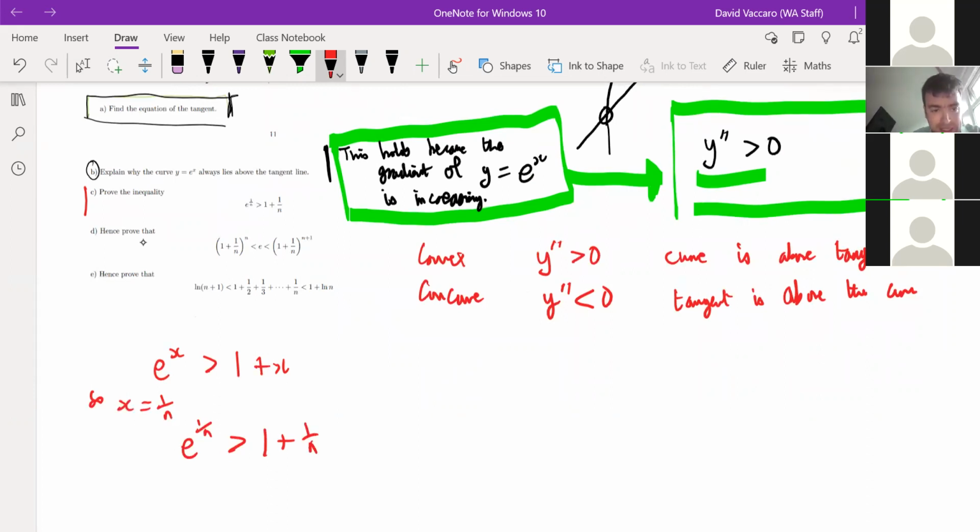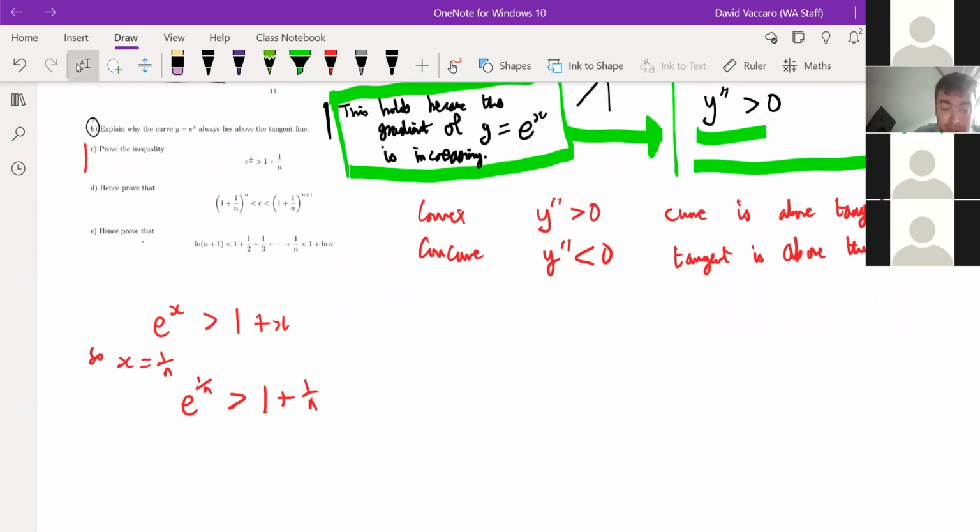So that was nice and easy. And if I raise both sides to the power n, I now get that e is bigger than 1 plus 1 over n to the n. So if I look at my part D, I've done this part.